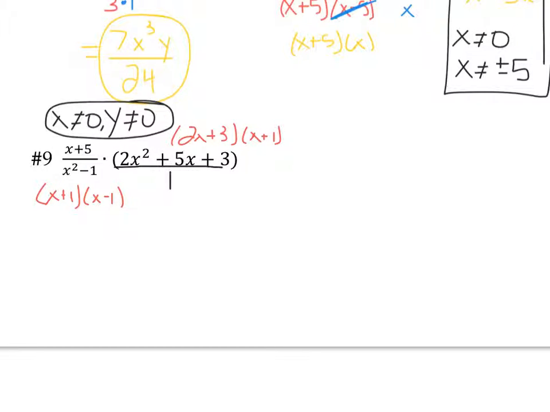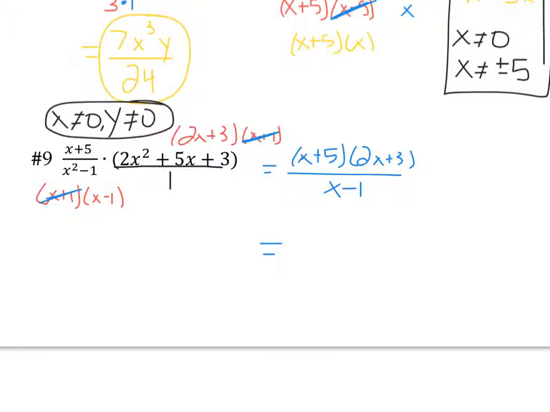Okay. So now, if I look at this, I can look for anything that will reduce here, and I can see some reducing that I can do. I've got the x plus 1s that will cancel, right? And so my numerator now is x plus 5 and 2x plus 3 over x minus 1.